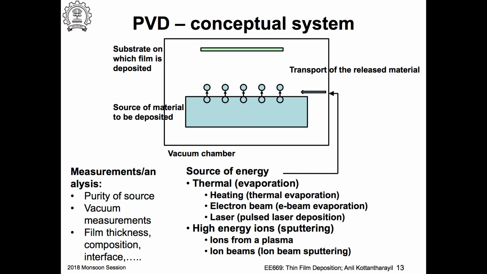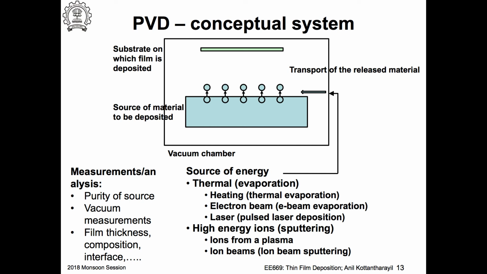Now the source of energy can be, as we discussed yesterday, thermal, so you heat up the source. It can be resistive heating, for example, Joule heating, or you can have electron beams for heating, laser pulses for heating, and so on and so forth.